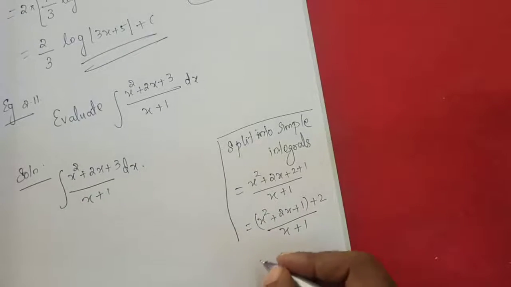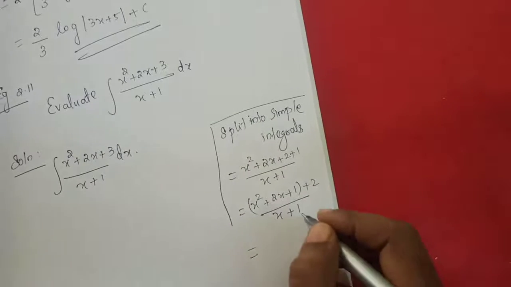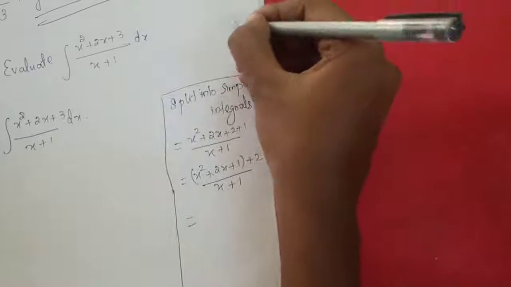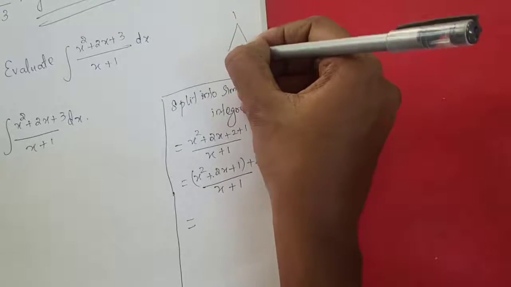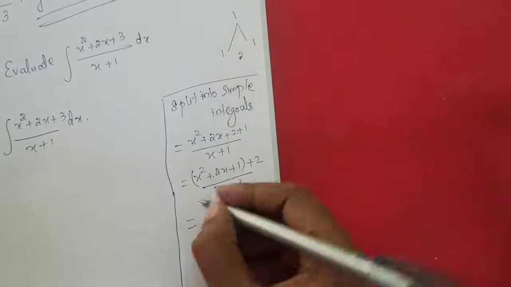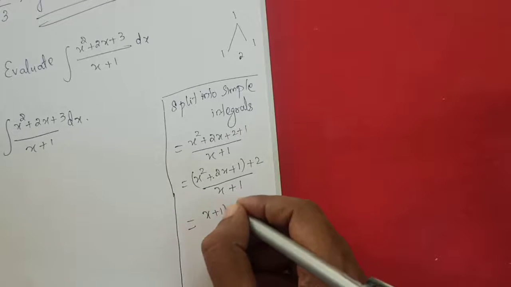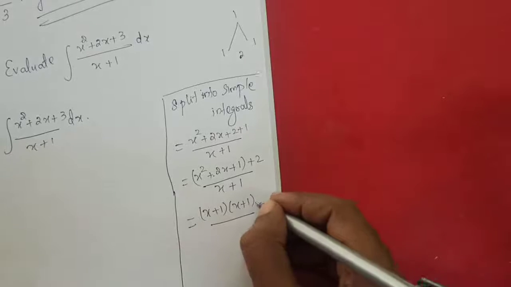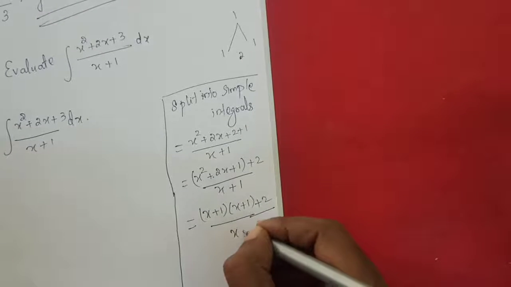Okay. Now I am going to factorize this. If I factorize this, what value will you get? Just factorize and see: multiplying gives 1, adding gives 2, so 1 and 1. Is it right? So (x plus 1) into (x plus 1) divided by (x plus 1) plus 2 divided by (x plus 1).